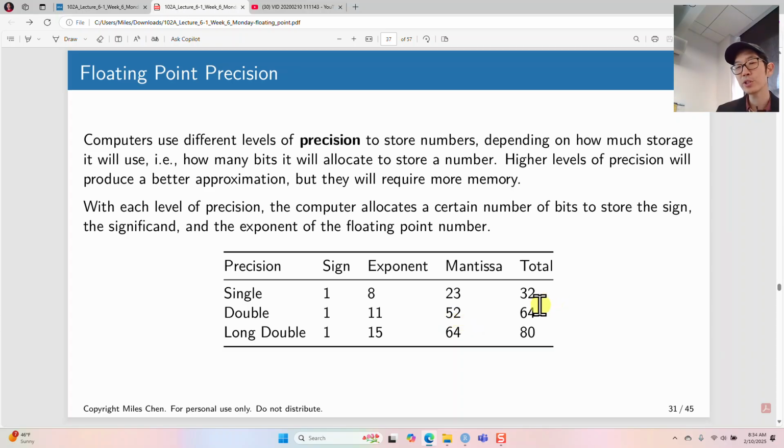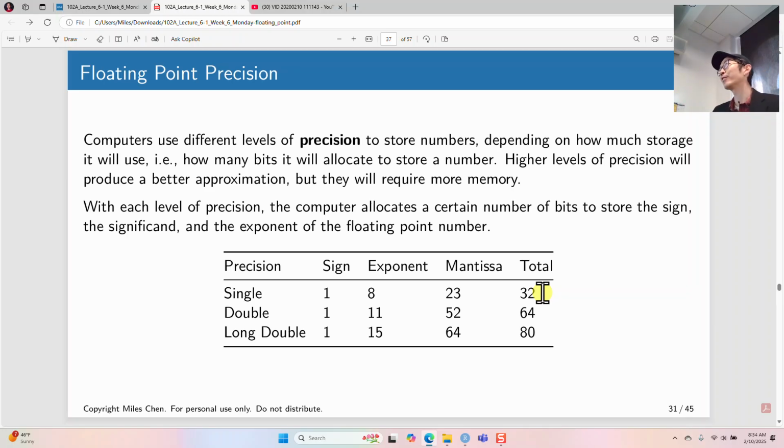In other languages, you can also specify single precision floating point and long double. Single precision has fallen out of favor just because our computers are so powerful. But if you go back a few decades, computer memory was very limited, and using 64 bits to store a number felt like a luxury.